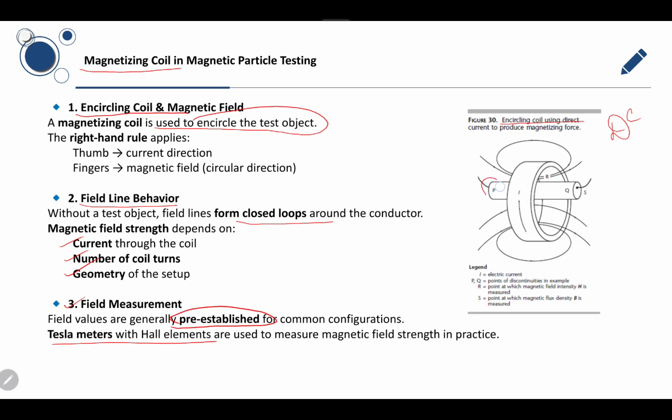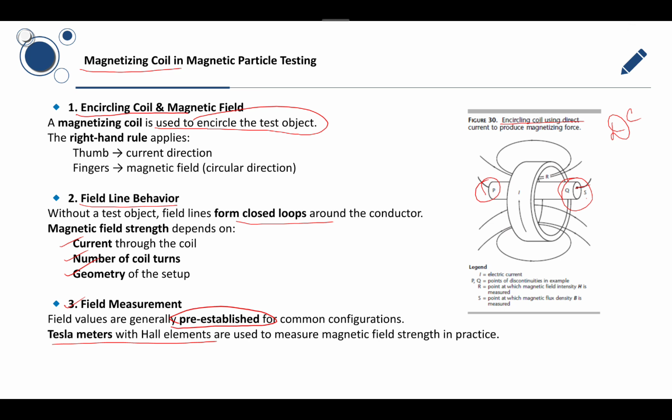Discontinuities like P and Q cause flux leakage, which is where magnetic particles will cluster. R and S help monitor field intensity and flux density, ensuring the part is properly magnetized for effective magnetic particle testing.